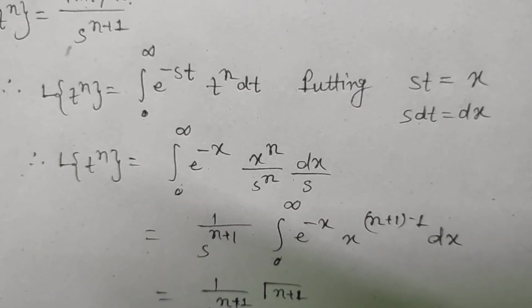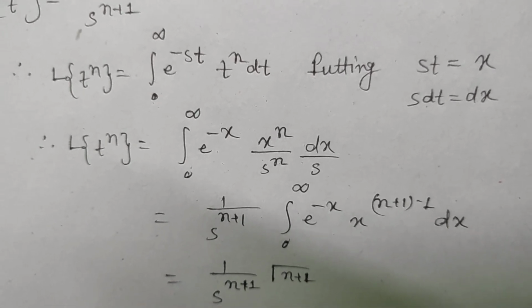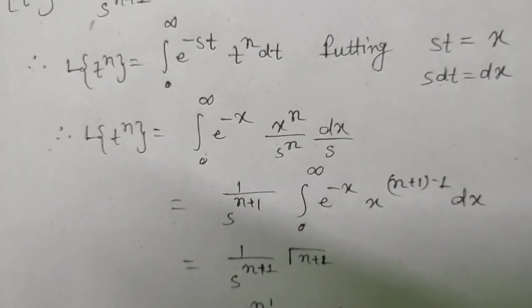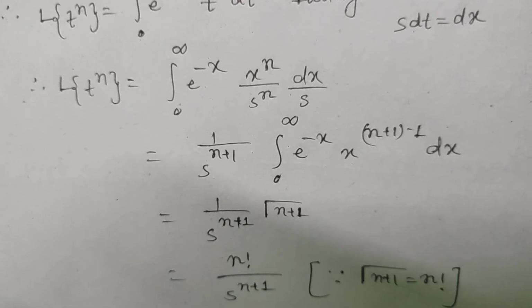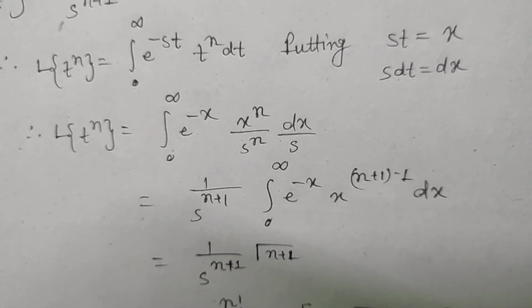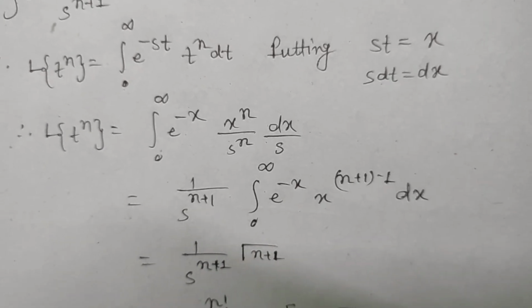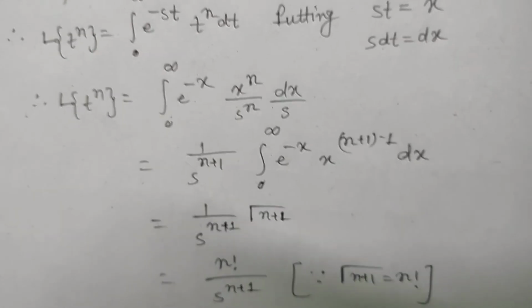Since s is constant, 1 upon s to the power n plus 1 comes out of the integration, leaving the integral of e to the power minus x times x to the power n dx. We can write x to the power n as x to the power n plus 1 minus 1, so this is basically the gamma function.